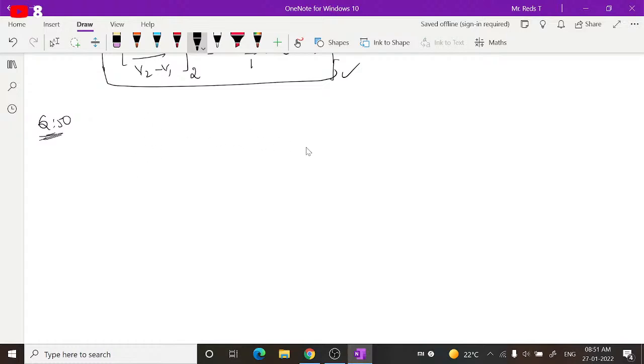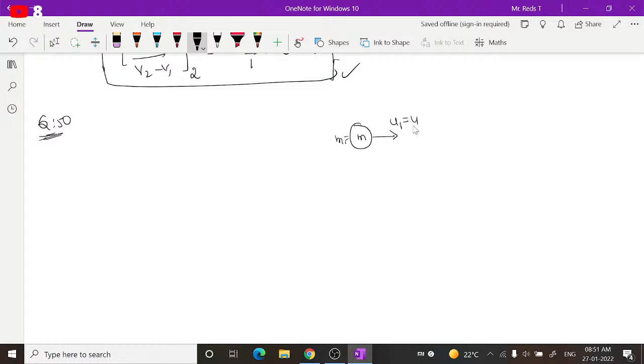So, it is mentioned that there is a sphere of mass here. You can say this is m1 is equal to m. It is moving with a constant velocity, let us say its initial velocity is u.